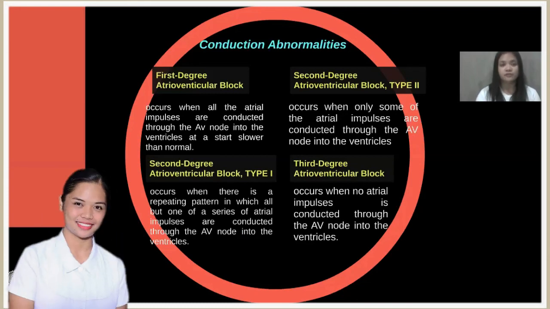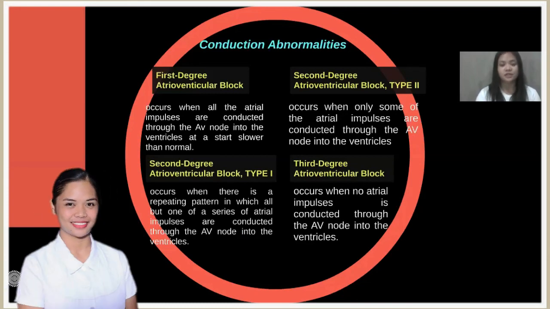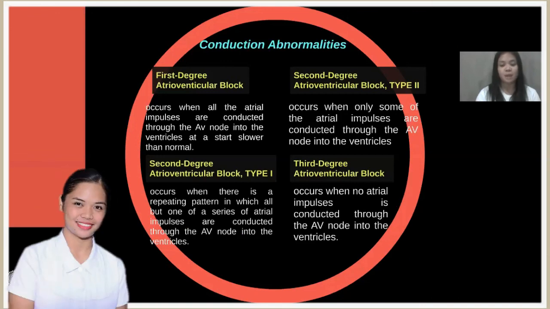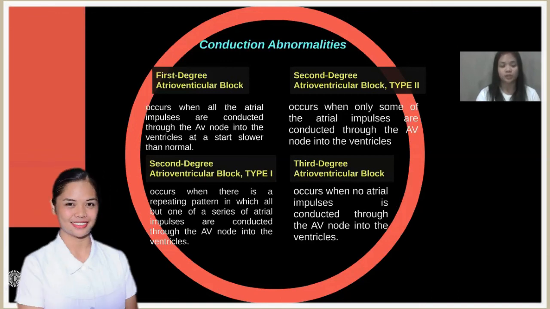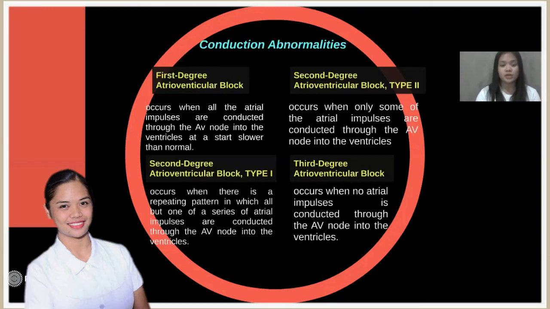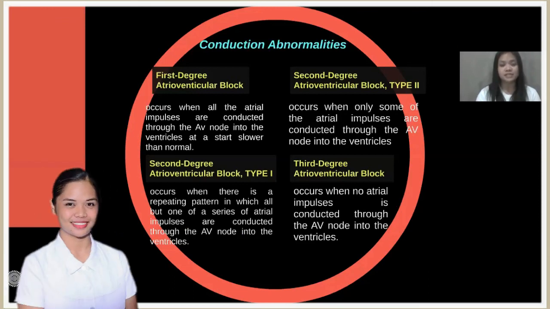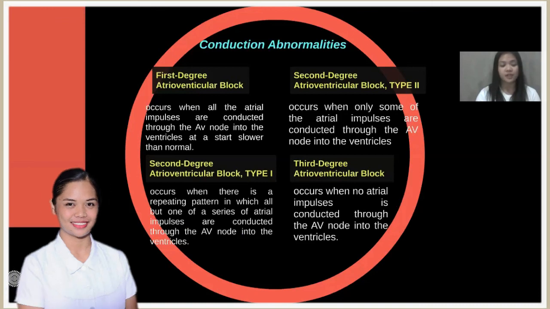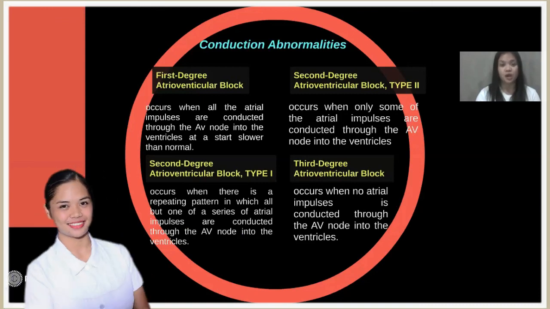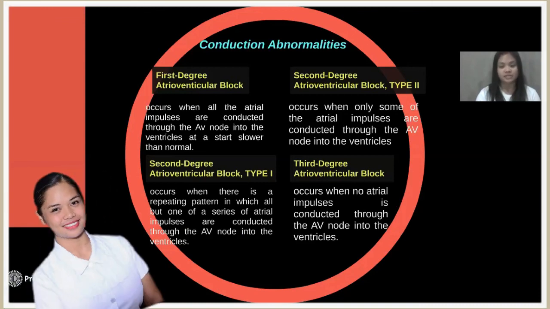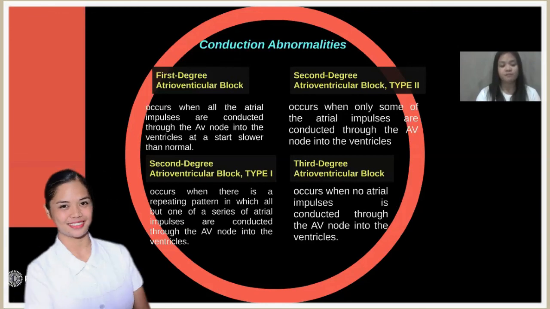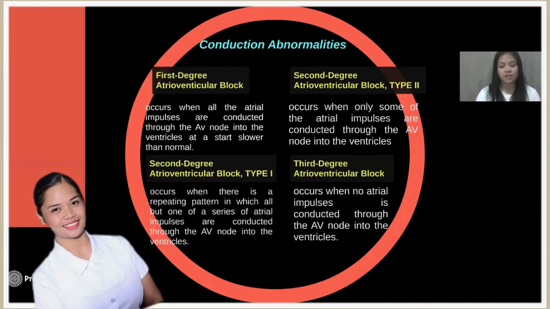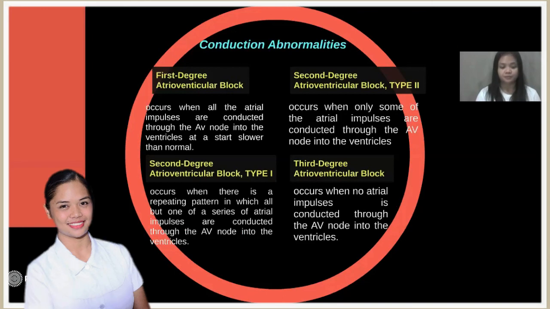In the majority of cases, the successfully conducted QRS complex may appear broader than usual. Second degree type 2 AV block is less common than type 1, but is more dangerous as it frequently progresses to complete heart block or cardiac arrest. Implantation of a pacemaker is recommended for this type of AV block.